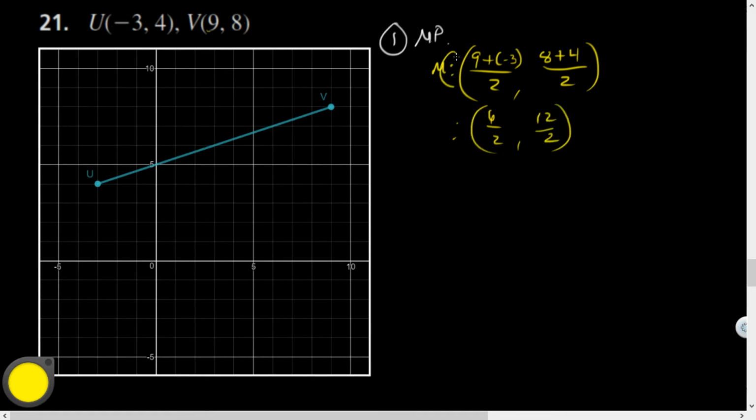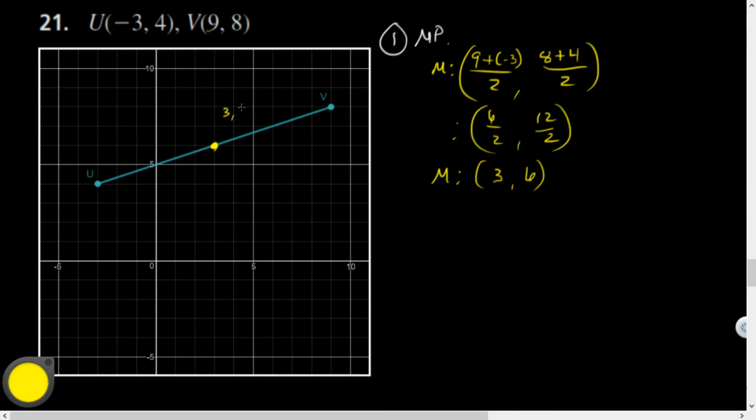Notice I'm not using an equal sign because M is not equal to this. It's like an ordered pair, so that's the way I try to write it. So M is going to equal 3, comma 6. And if I go over 3 and up 6, I do in fact get this point right here as my midpoint, 3, comma 6.